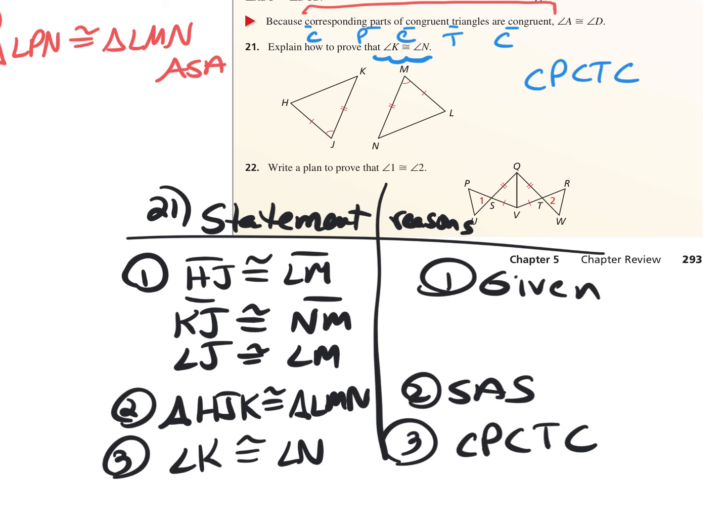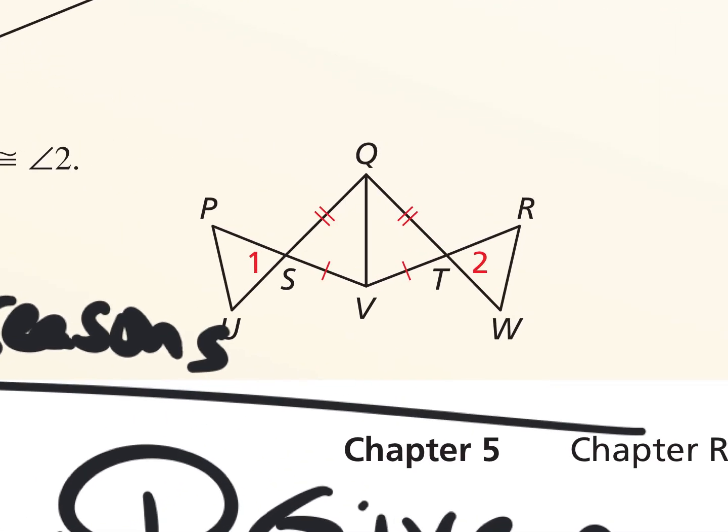So for number 22, it's again asking me not to prove the 2 triangles are congruent as my final step, but to show that angles 1 and 2 are congruent. But I'm going to first show that the triangles are congruent. So let me zoom in here to the picture. So the 2 triangles I'm going to show are congruent initially are going to be this one right here, and then this one.